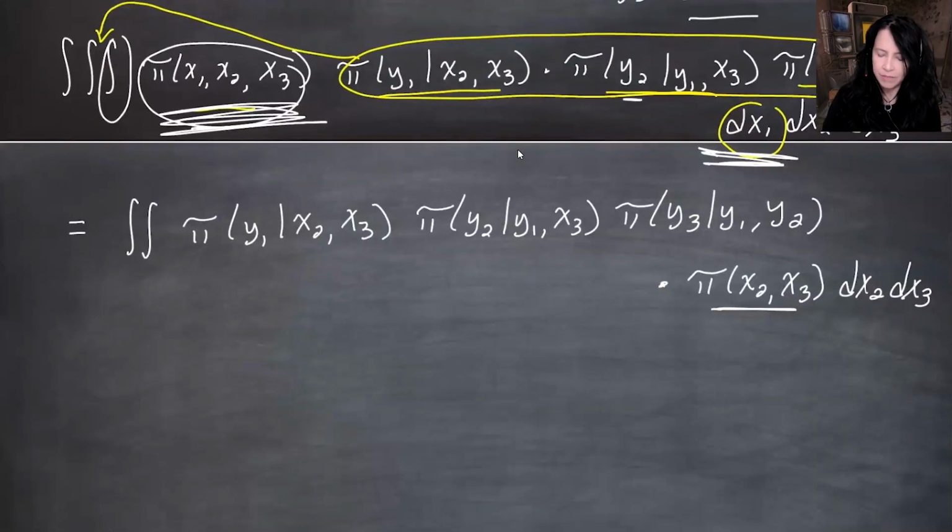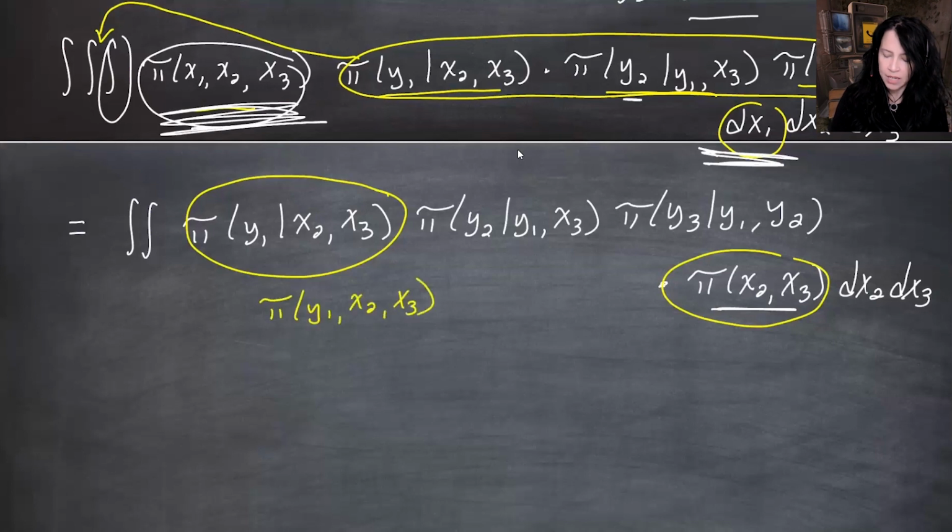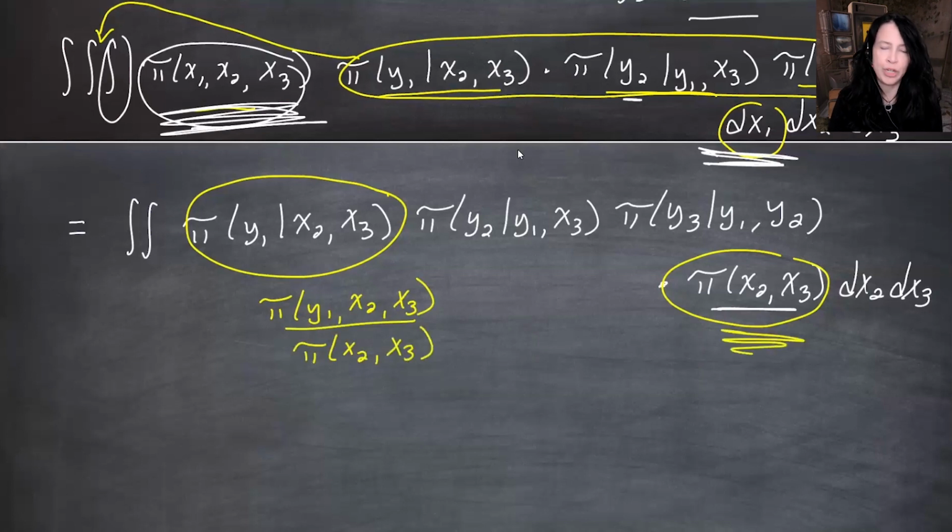This times this, the first thing I circled there is a pi of y1, just write out the definition. It's a pi of y1, x2, x3 divided by a pi of x2, x3. And that is going to cancel with this one over here, that denominator.